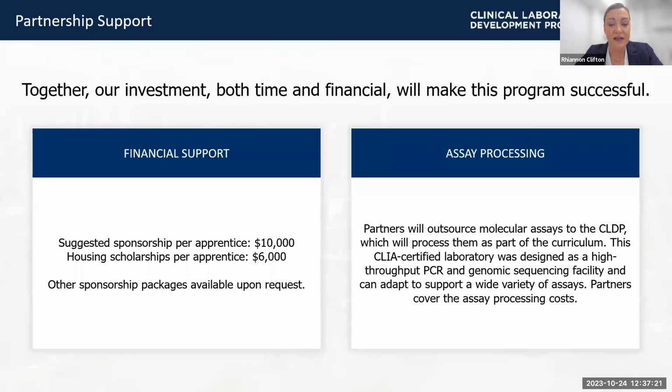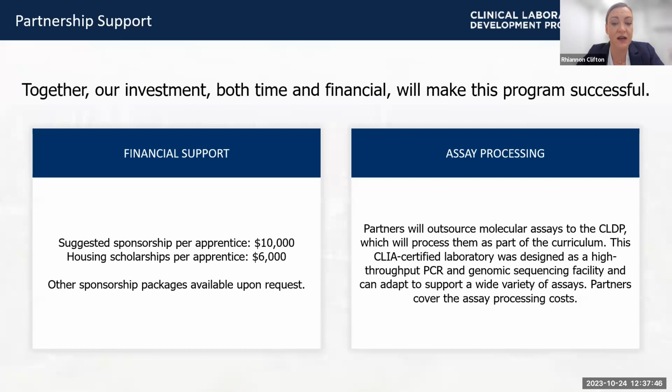The other piece that is critical for our success and path forward is the outsourcing of molecular assays to the lab, which we will process as part of the curriculum. I like to refer to them as our textbooks, so to speak, if you were thinking about an academic program, where we want to be able to train our apprentices on the bench.